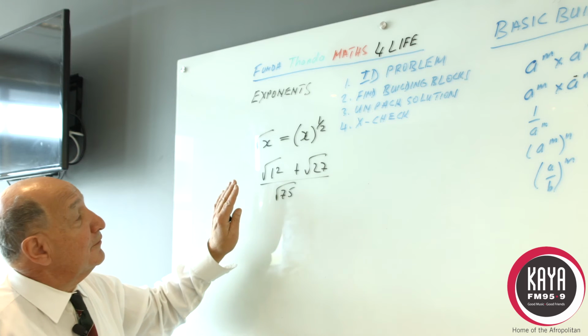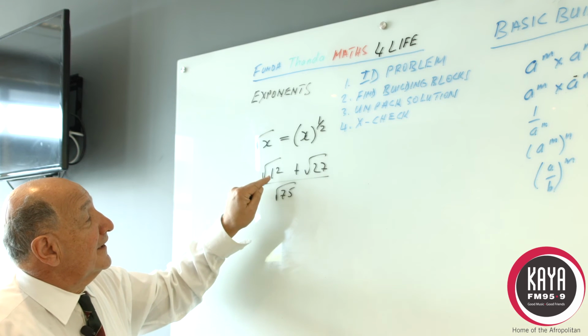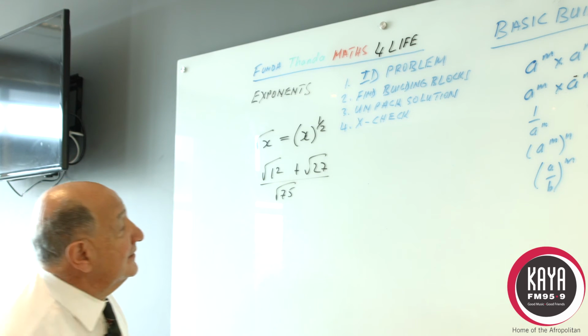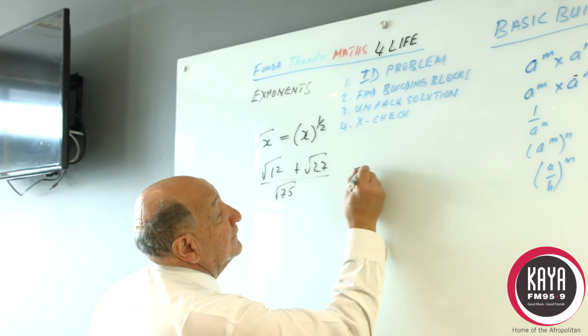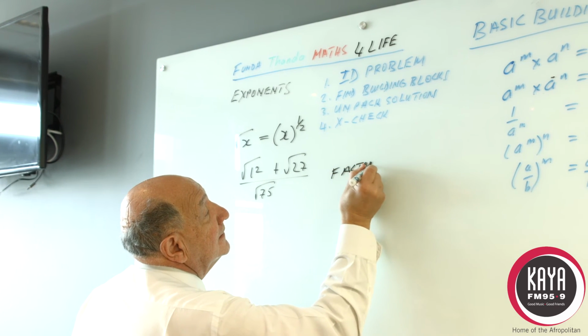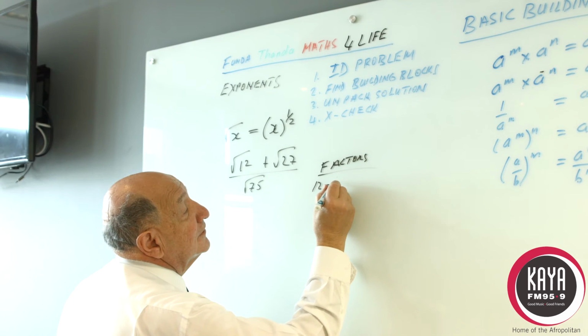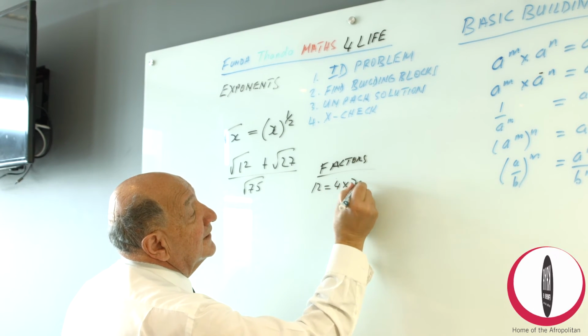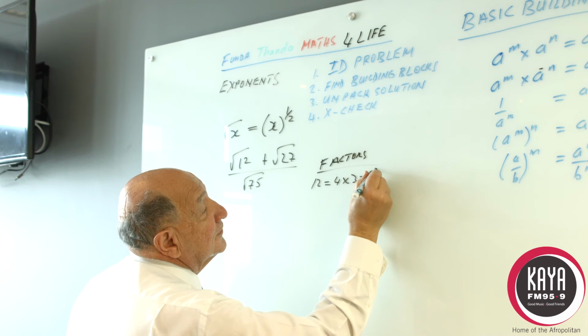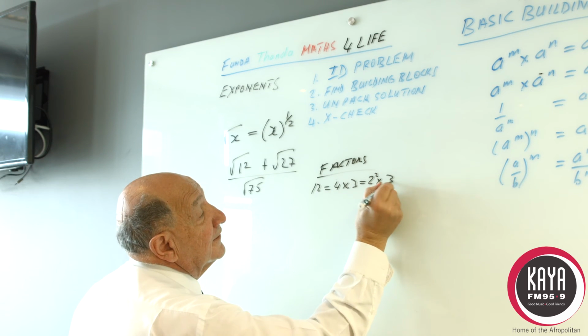So the first thing we do is we find the factors of each number. If we look here at the factors, we have 12 is equal to 4 times 3, which is 2 squared times 3.